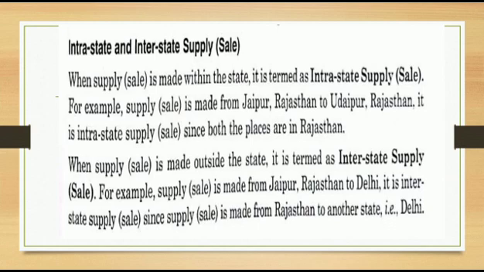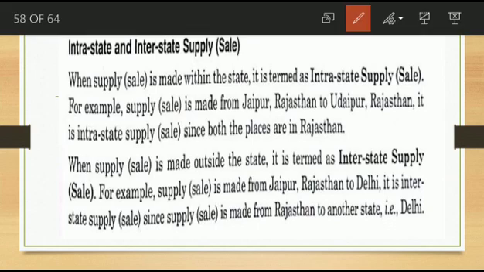Now, intrastate and interstate supply or sale. Okay, that's the detail we can discuss. When supply or sale is made within the state, Gujarat itself, it is termed as intrastate supply. For example, supply or sale is made from Jaipur, Rajasthan to Udaipur, Rajasthan.